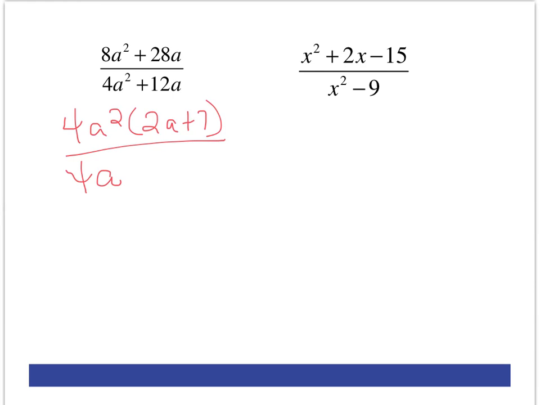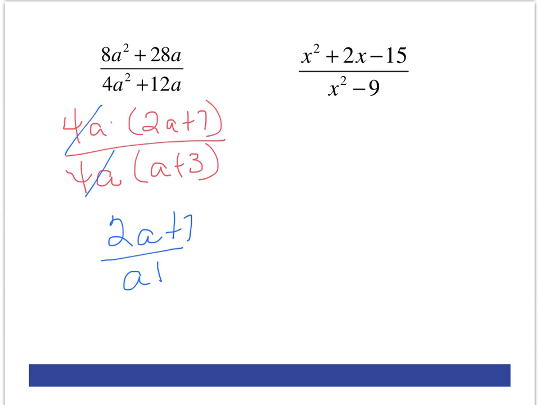Sorry, this one's not a 4a squared, it's just 4a. So then we can take out a 4a, and then we have a plus 3. So the 4a's go away, and we are just simply left with 2a plus 7 over a plus 3, and we are finished.